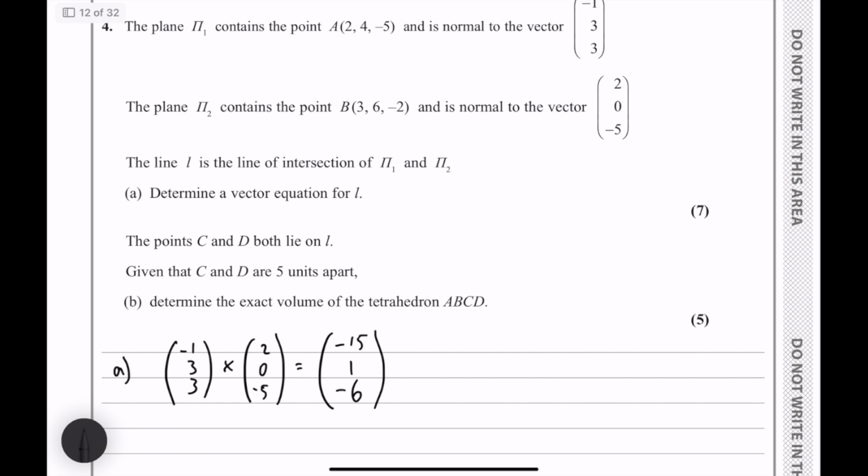But we also need a point on that line. So to do this, I'm going to get a general point on both planes.